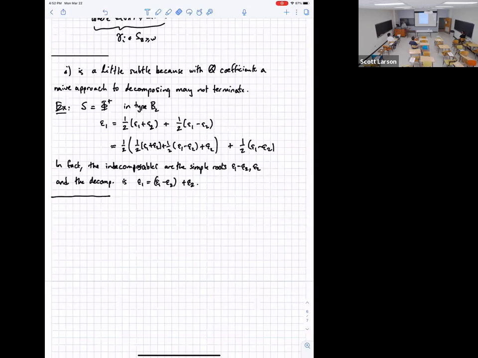So, isodecomposability, because you have the following are equivalent.